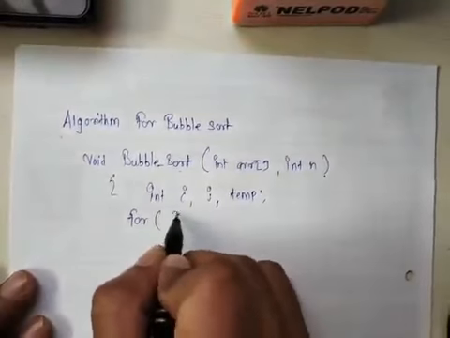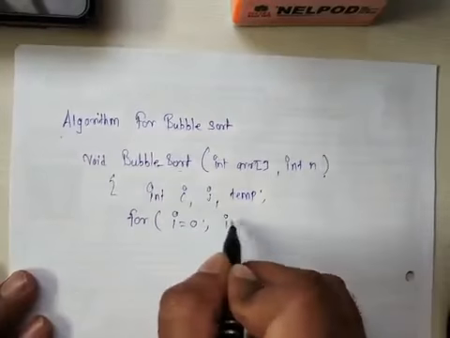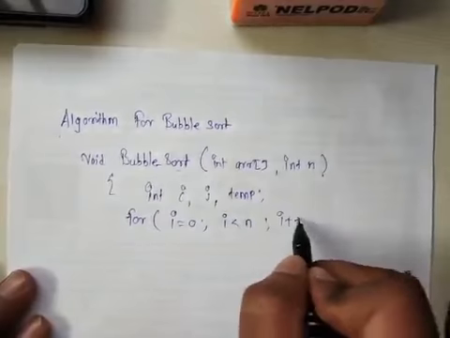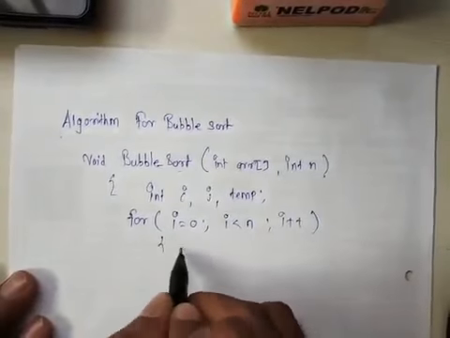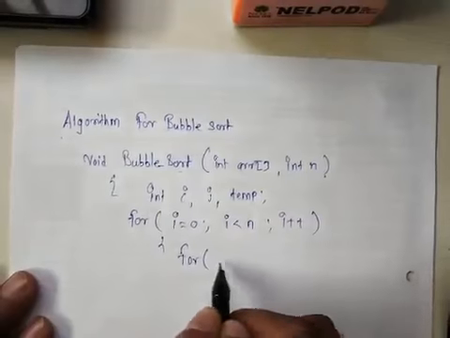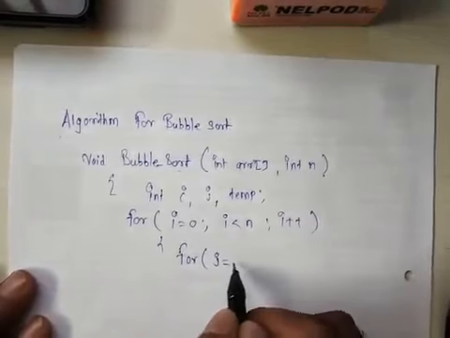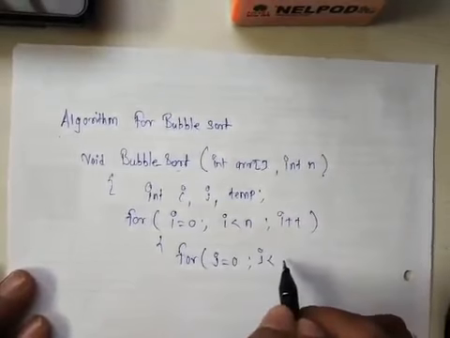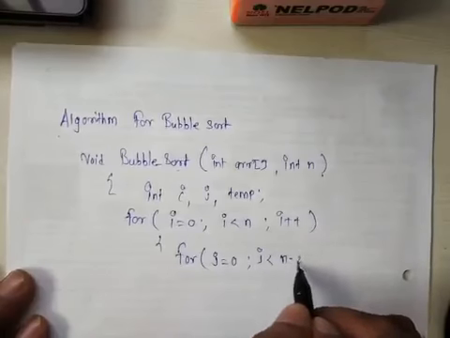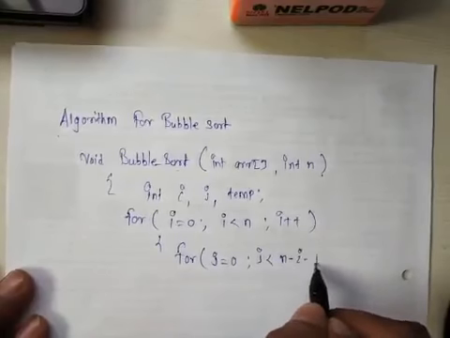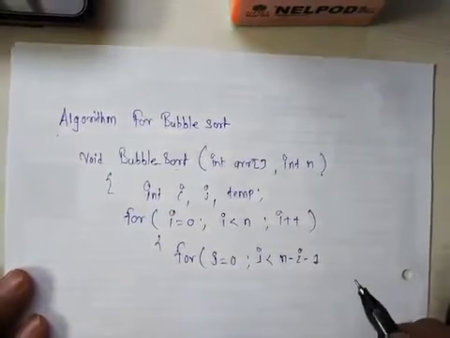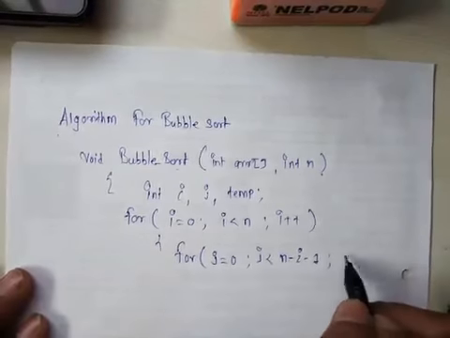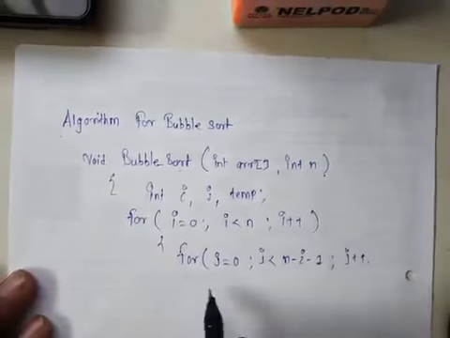Inside this, for initialize i is equal to 0, i less than n, and i plus plus. Inside this for loop, I have one more for loop: for j is equal to 0, j less than n minus i minus 1, and j plus plus.